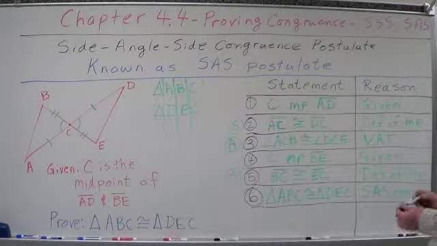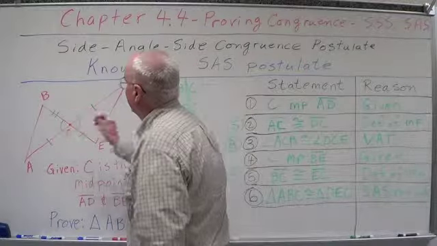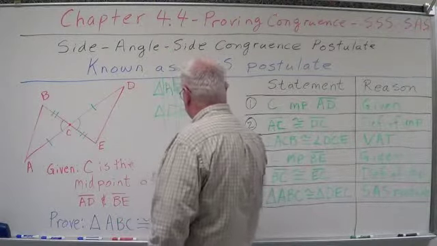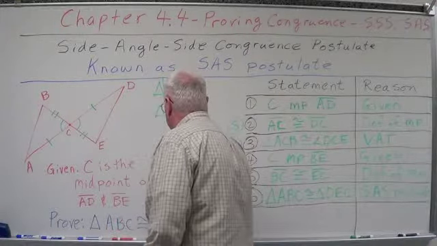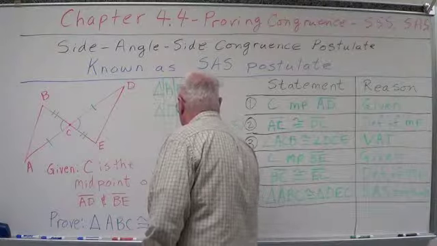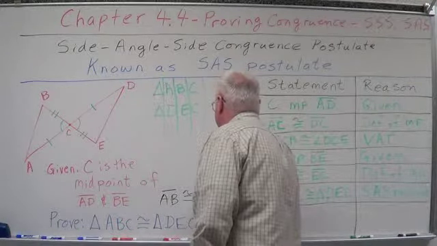Now, let's extend that just a little bit, and let's say that they also wanted us to come in and say, we would also like for you to prove that segment AB is congruent to segment DE.